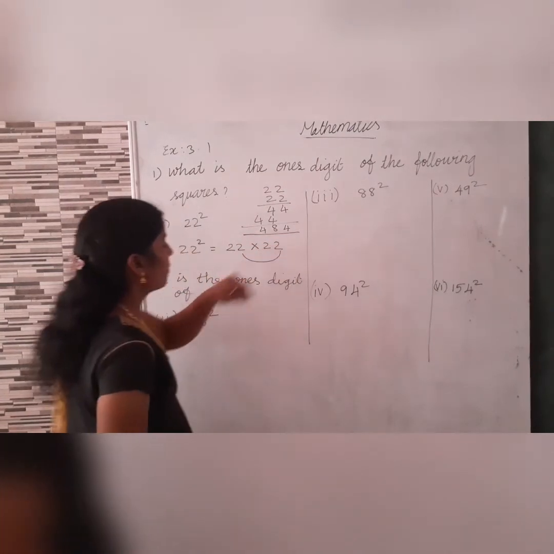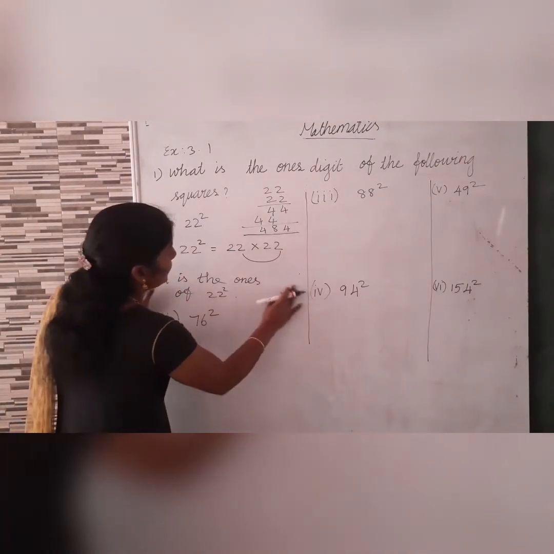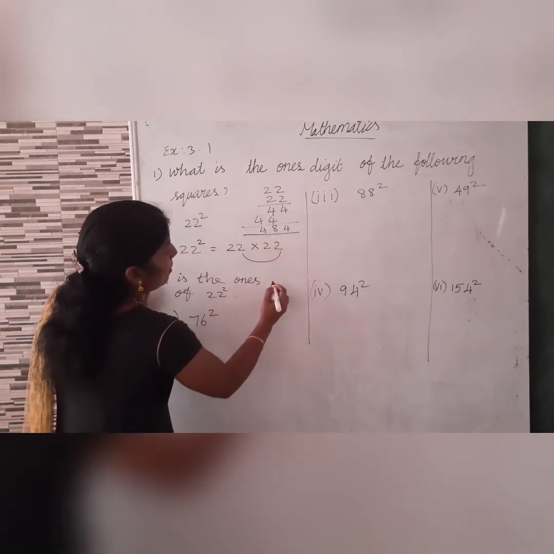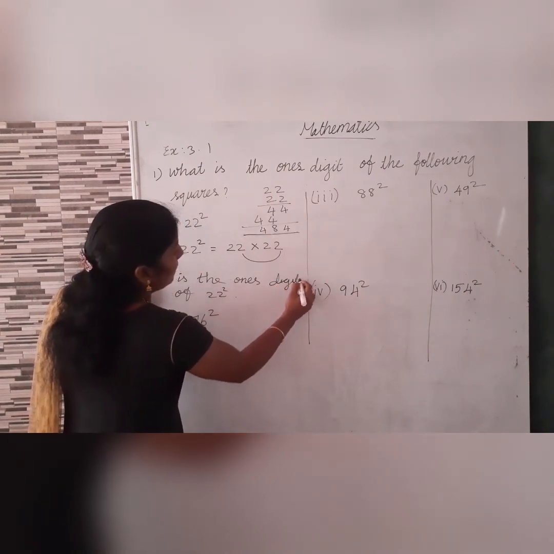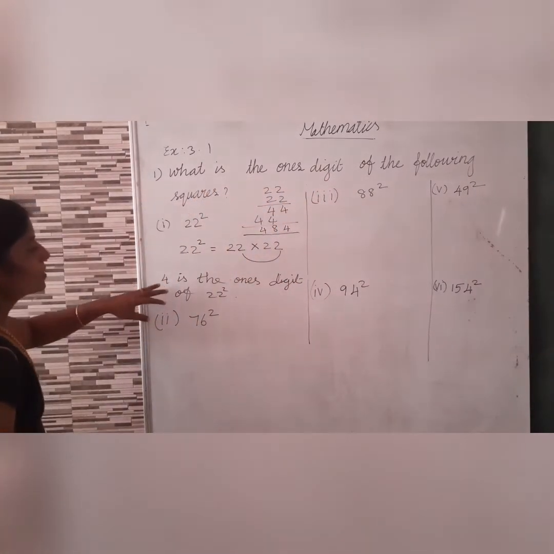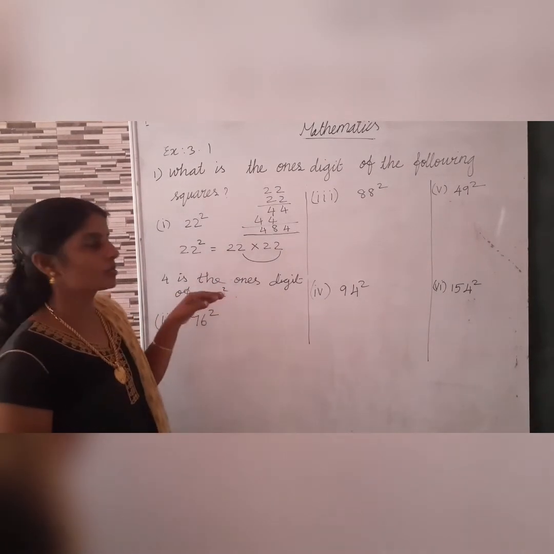So this answer 4 is the ones place. Otherwise you can write ones digit also, because we are given ones digit of the following squares. So 4 is the ones digit of 22 square.